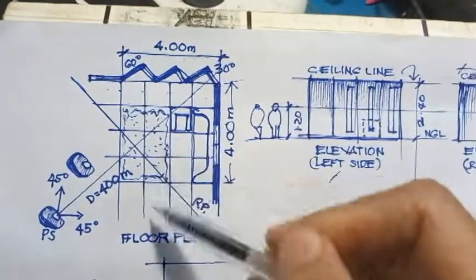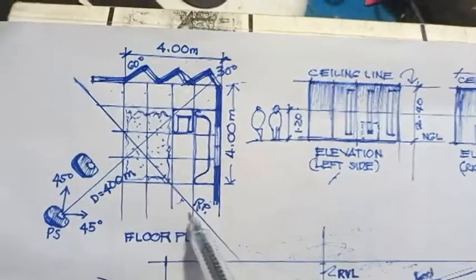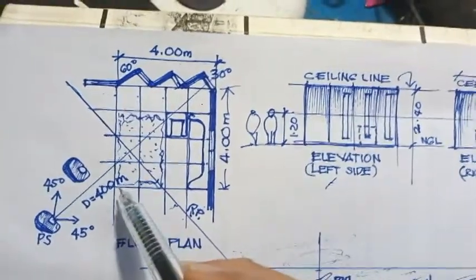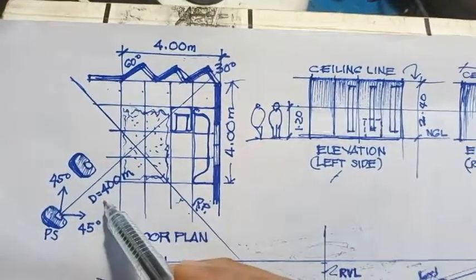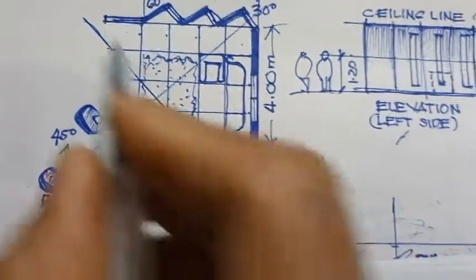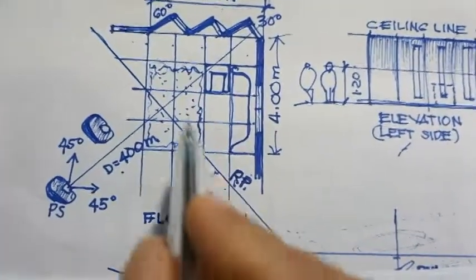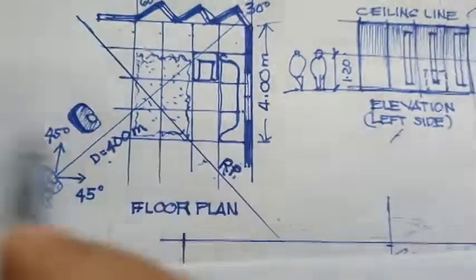Establish RP along the grid intersection collinear with the nearest furniture. Note the desired viewing distance D. As you can see, the RP or reference plane is perpendicular to the viewer. This is our scaling factor.